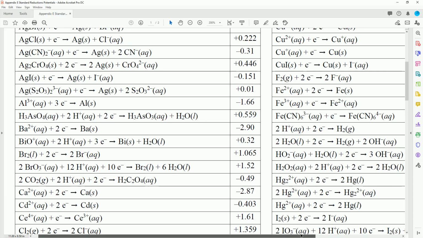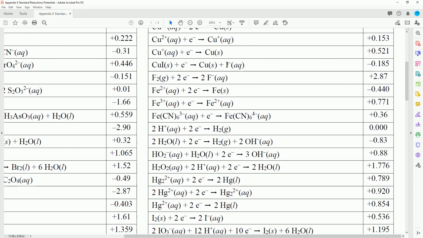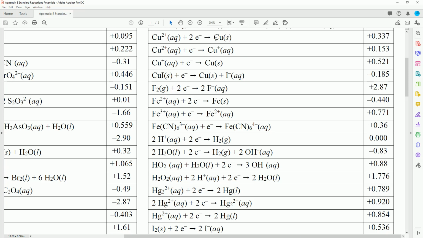Cu2+ plus 2 electrons gives us copper metal, and that one is 0.337 volts.